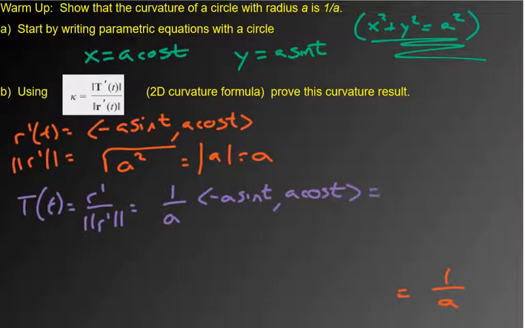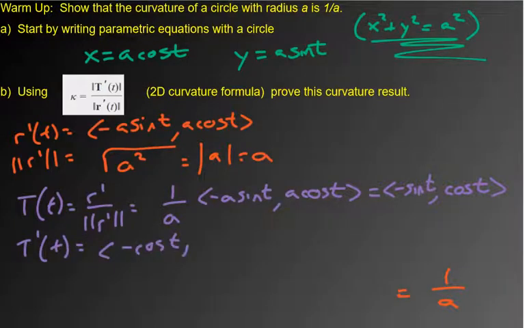If you multiply the 1 over a in, you kill the a's in front, and you get minus sine t, cos t. So then T prime of t would be minus cos t, minus sine t.